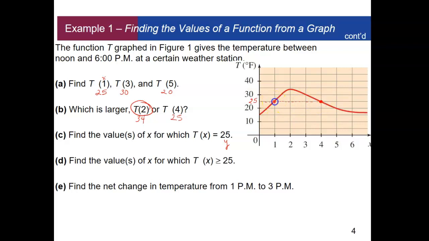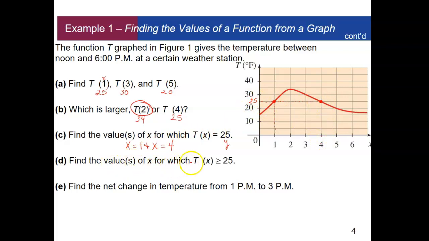So the x for this 25 is 1, and the x for this other 25 is 4. Those will be the two values of x for which T of x equals 25. So T of 1 is 25 and T of 4 is 25.